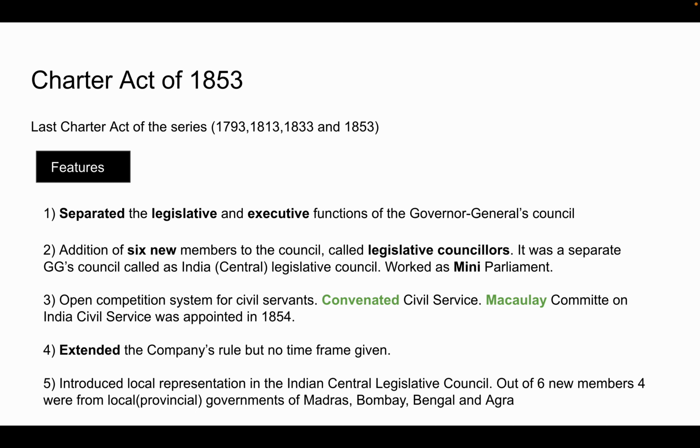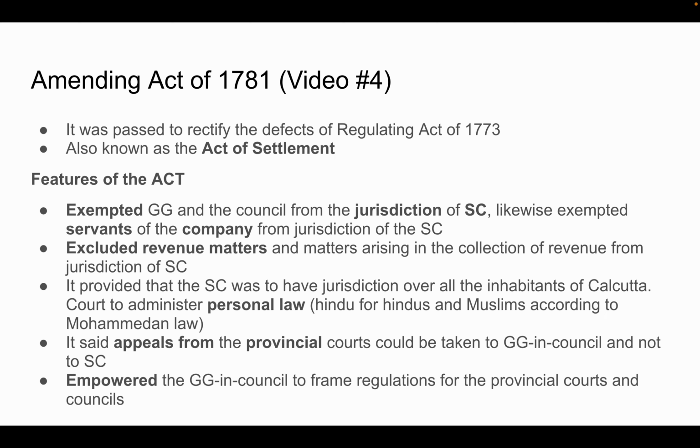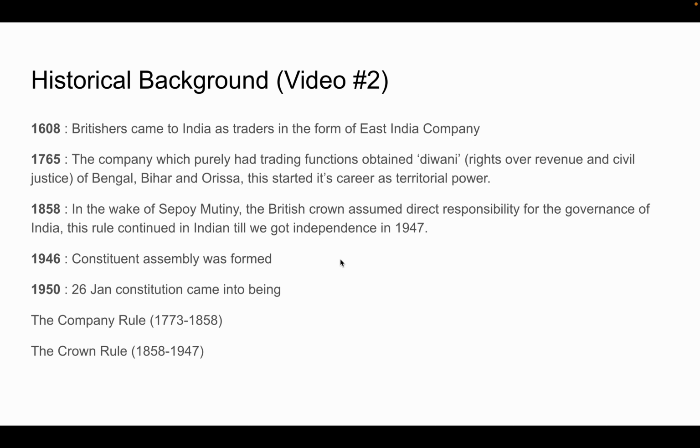If you remember, let me also show you from the very first slide. As you remember, we are studying Indian polity, which comprises a total of 11 parts, and it has been divided into 2. The company rule, which was from 1773 to 1858. In 1773, which act did we have?